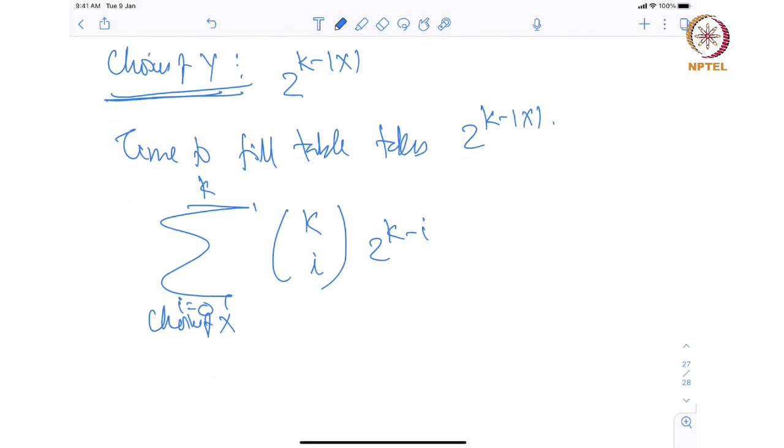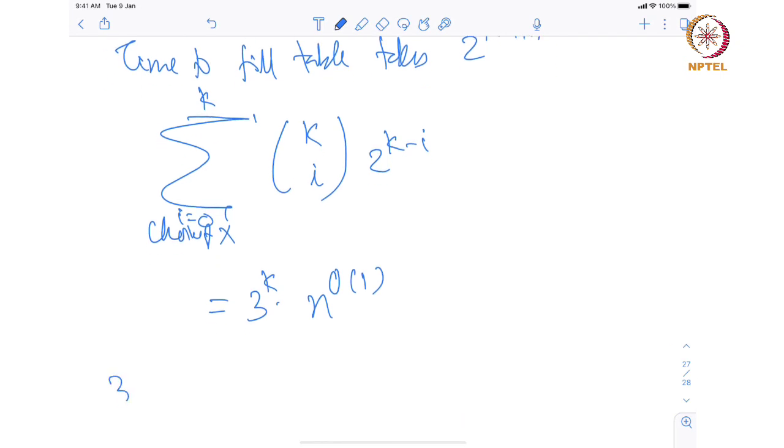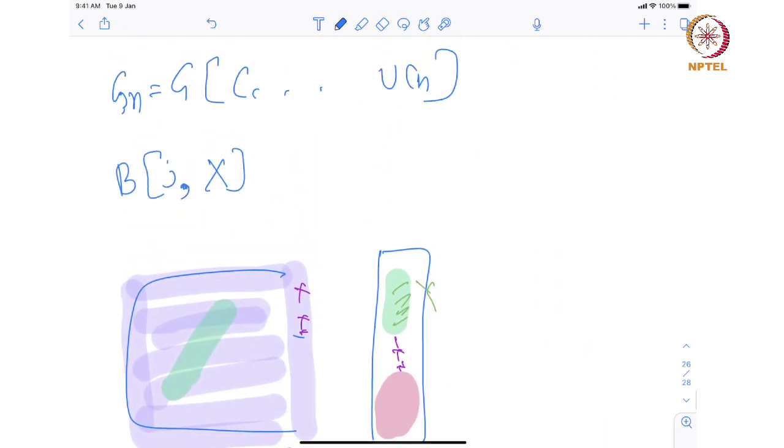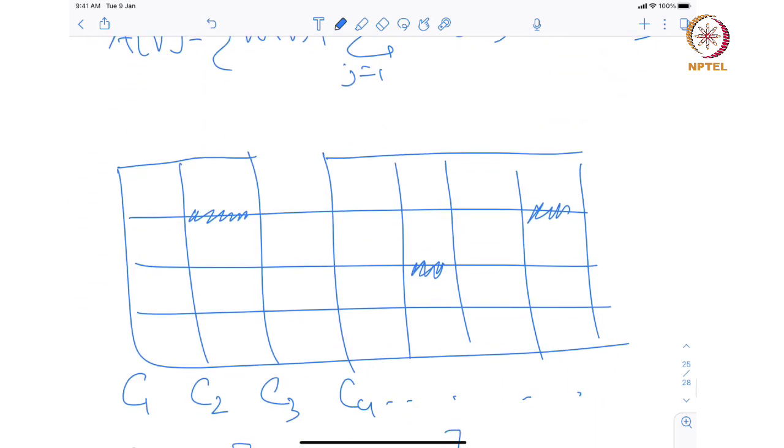So, by the binomial theorem this is going to be some 3 power k times n to the power big O of 1. So, actually you can solve all these things in 3 power k running time, which is FPT.